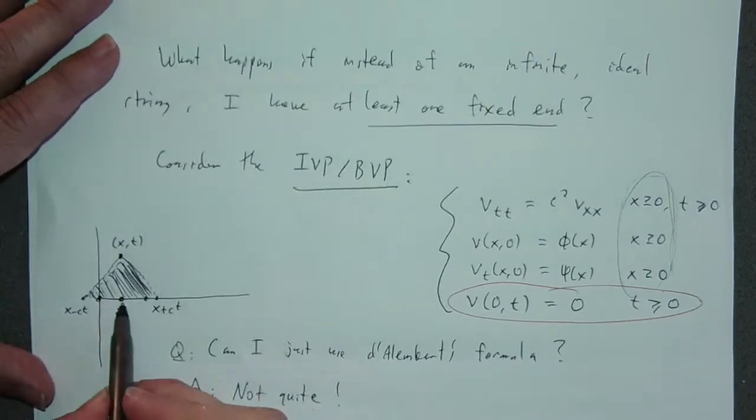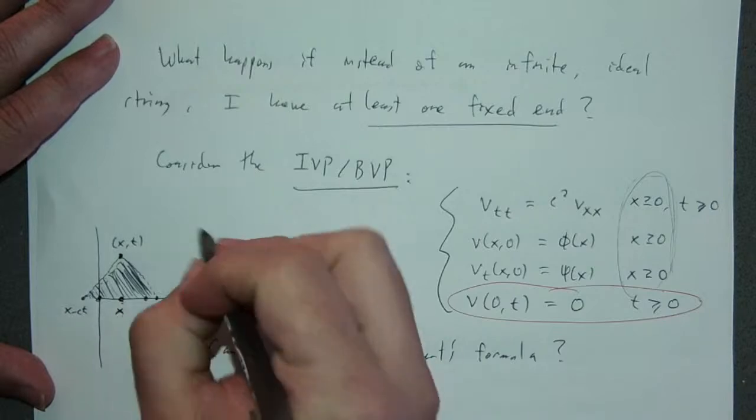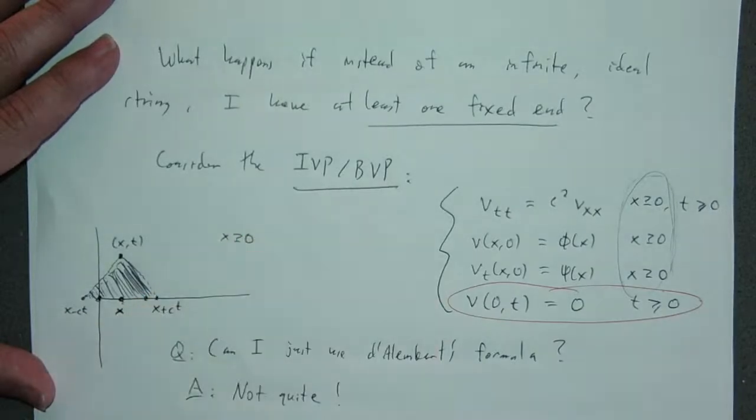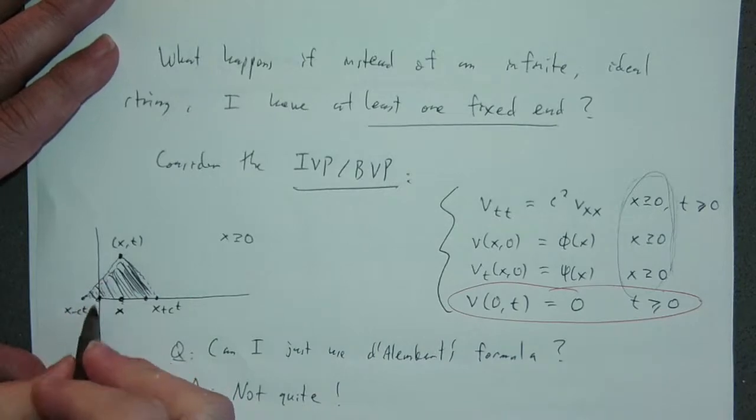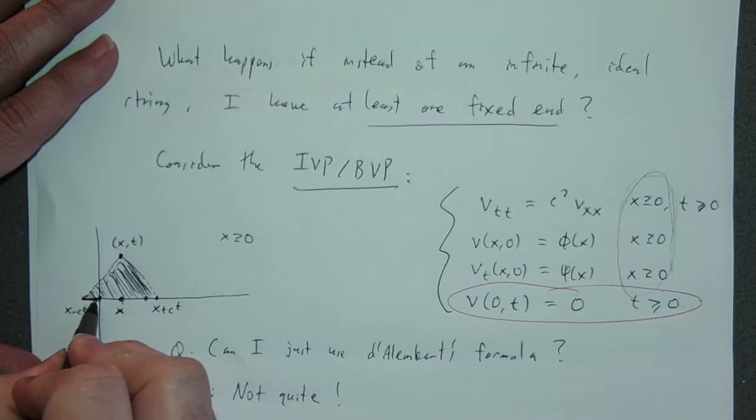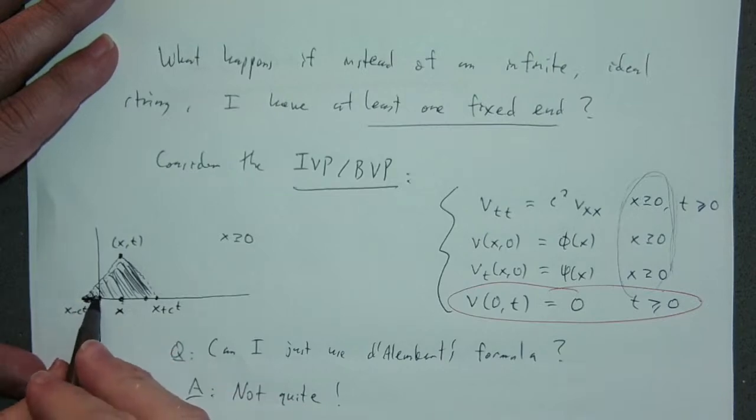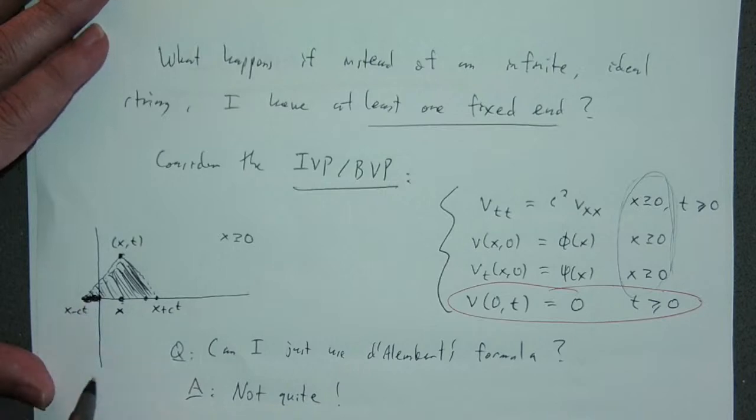But you'll notice that even though x is greater than or equal to 0, according to this domain of dependence, I would need values here. I need some values here to tell me what's going on here, but I don't have these values because I'm restricting myself to x greater than or equal to 0.